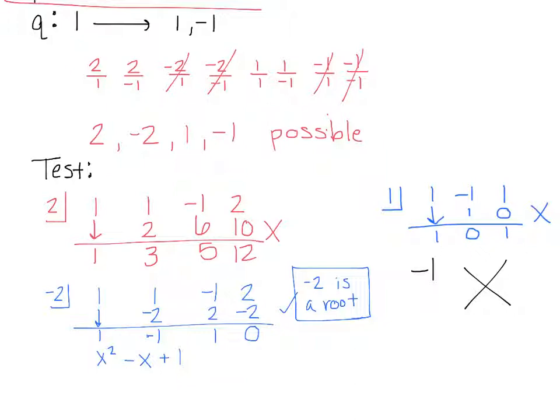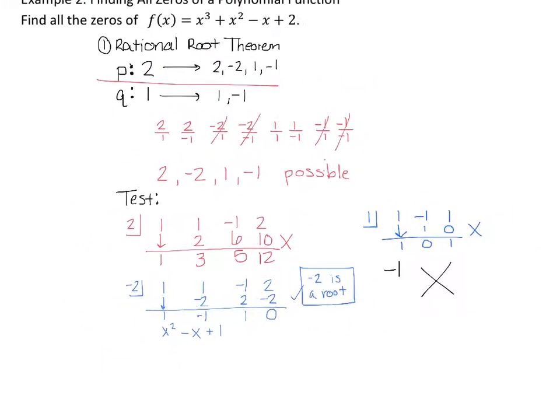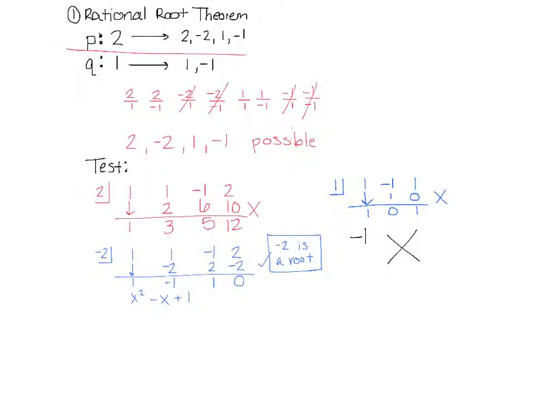Okay, so we're done with the rational part. Now we are going to figure out the complex roots. And the equation that we have left to work with is x squared minus x plus 1 equals 0.